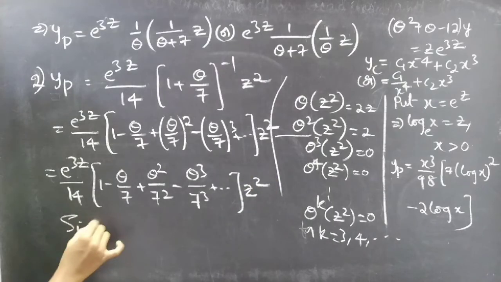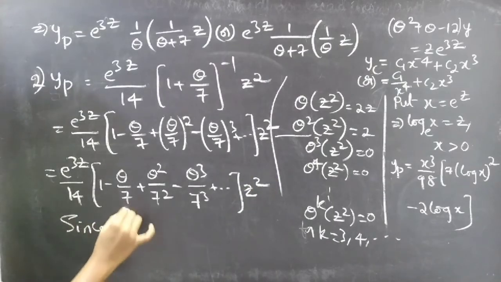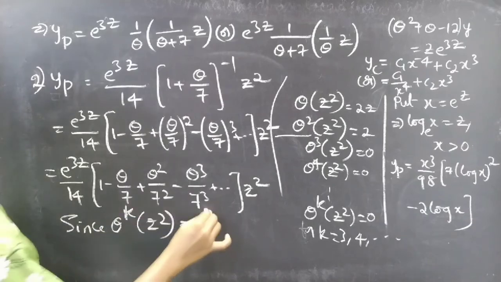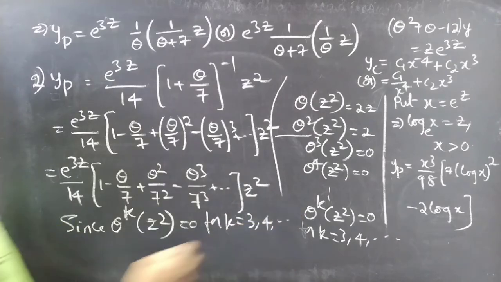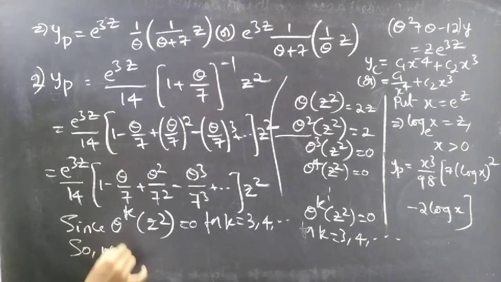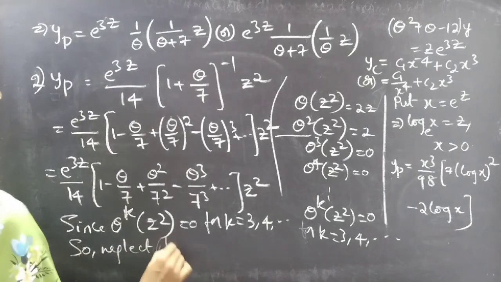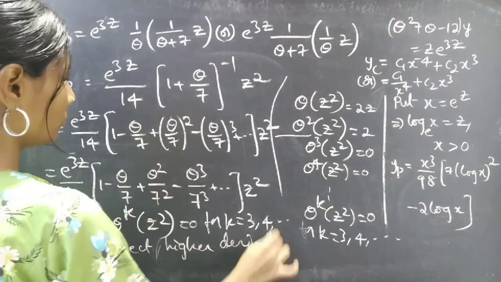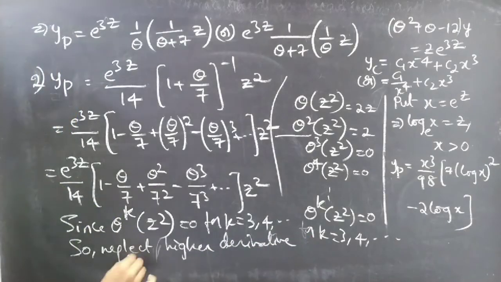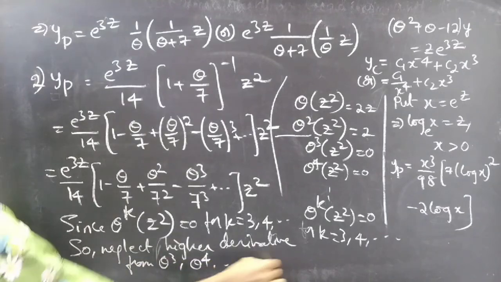Since theta power k of z square is 0 for k equal to 3, 4 and so on, neglect higher derivatives from theta cube, theta power 4 and so on.